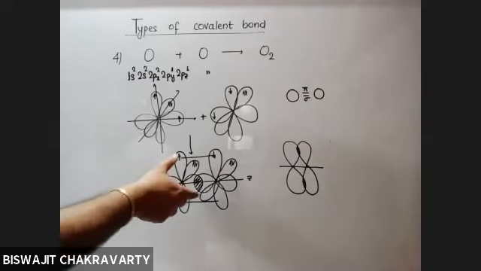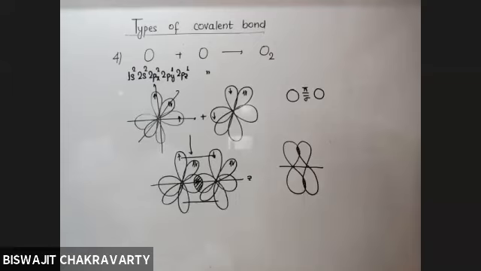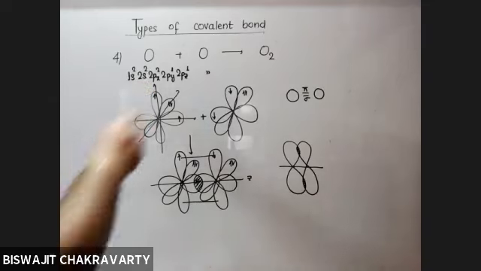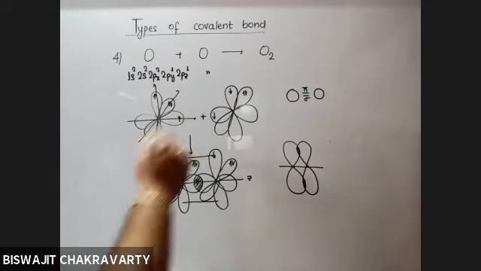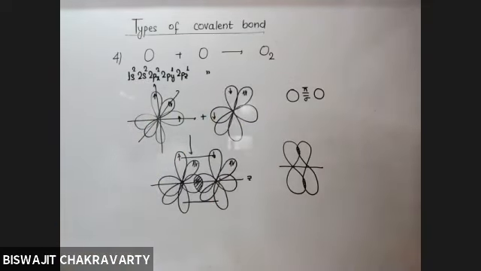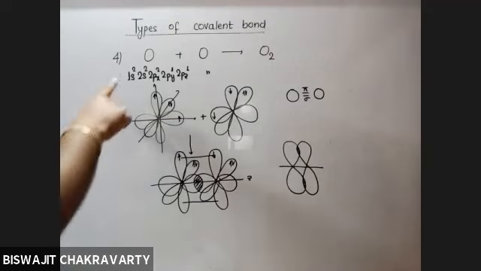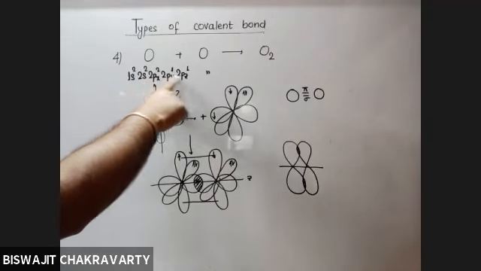Sir, I am a little confused. Why did we take 2py1 and 2pz1? Because when you are filling up the 4 electrons, oxygen's atomic number is 8, so it is 1s2, 2s2, 2p4.